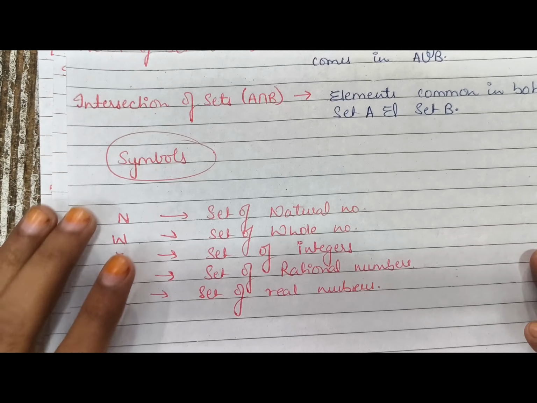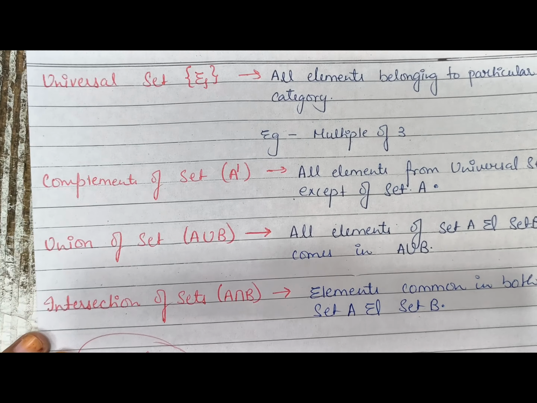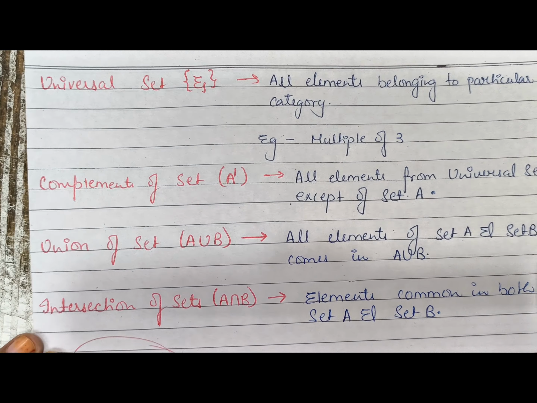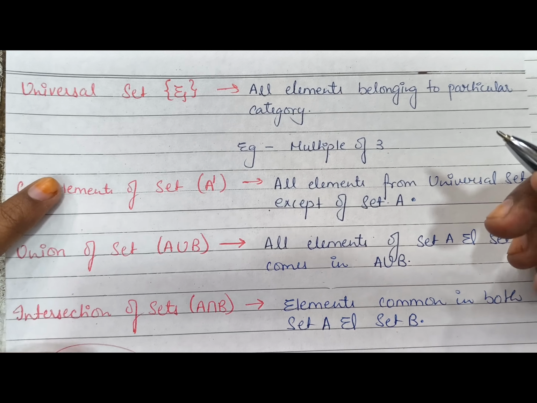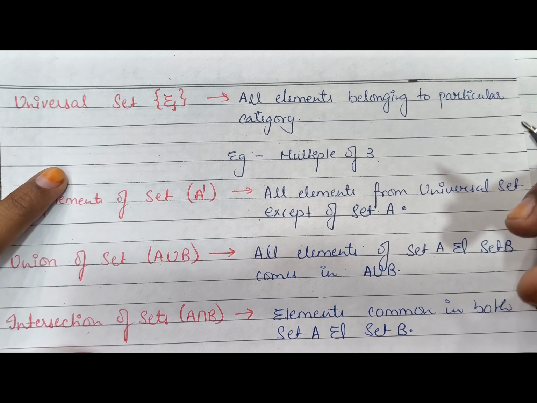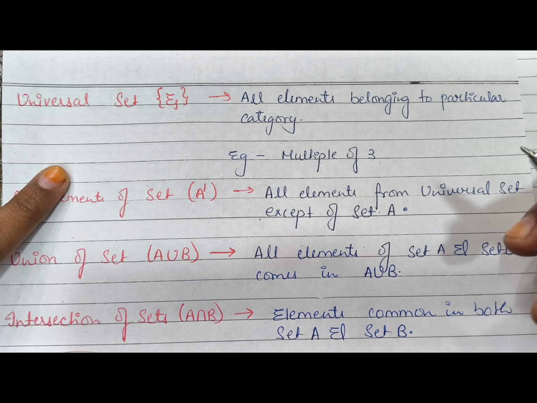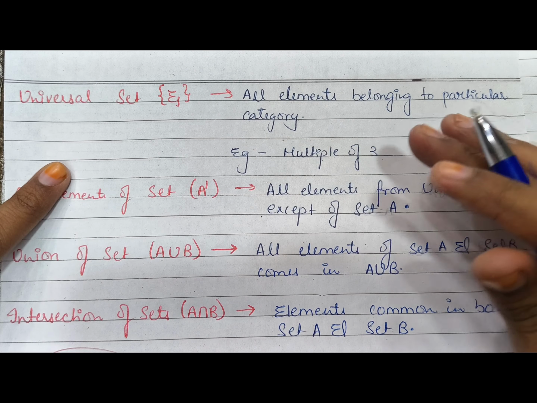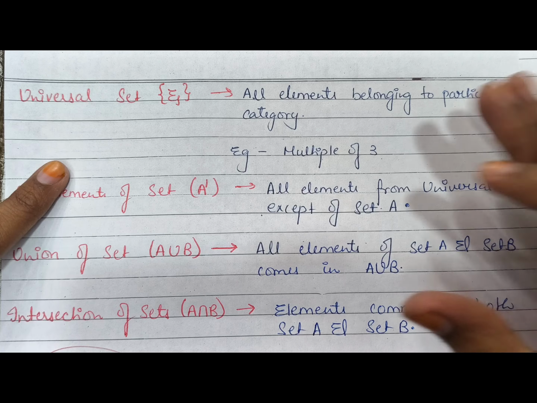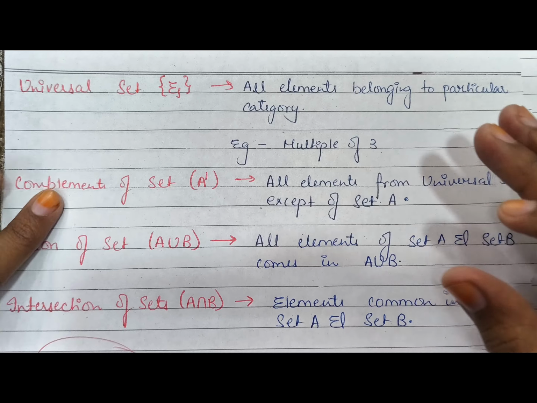Coming to the next topic, there is something called the universal set. This is the symbol of universal set. It is a set of elements which is natural for all, the counting of which is okay for everyone.